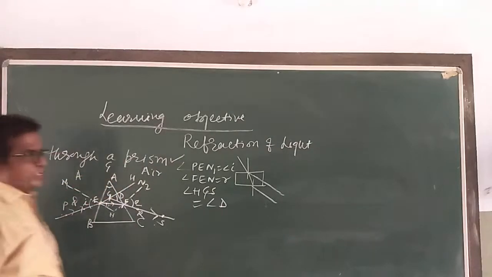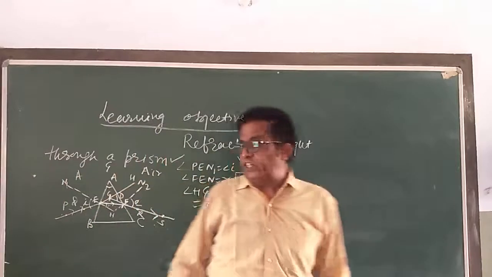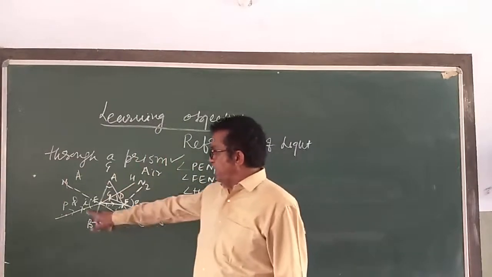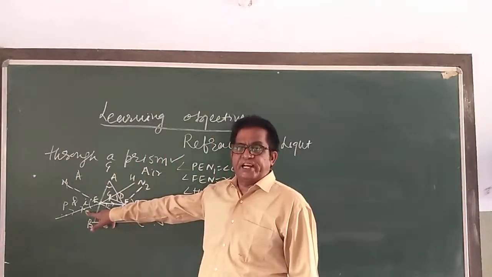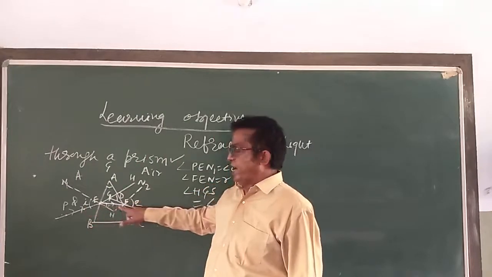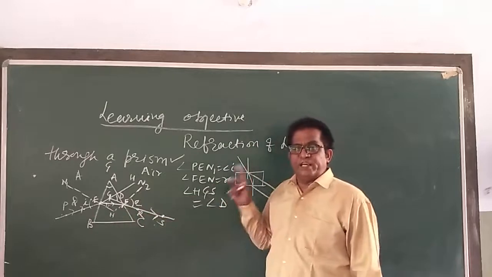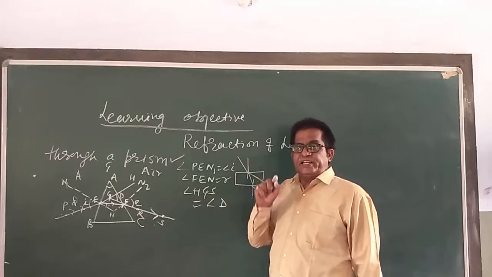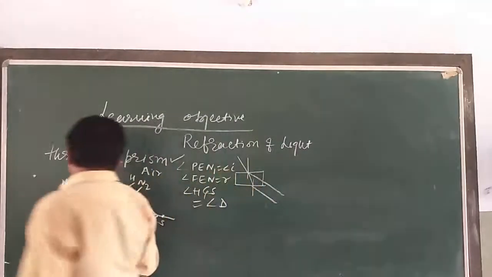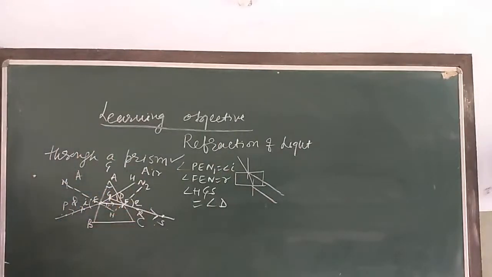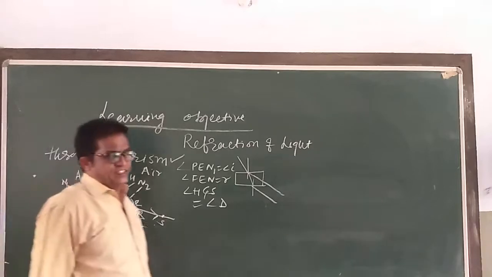So what are we going to say here? PE is the incident ray, EF is the refracted ray, FS is the emergent ray. A is the angle of prism, I is the angle of incidence, R is the angle of refraction and E is the angle of emergence.